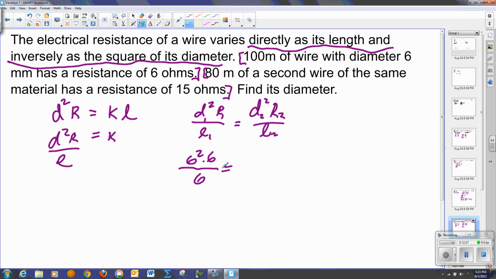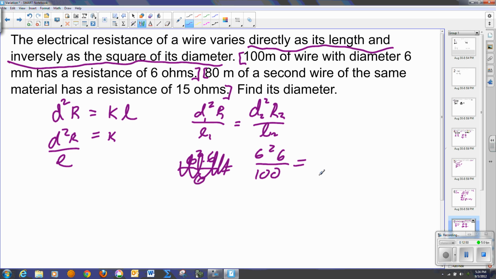And I just screwed this problem up. Let's go back. Sorry. I have 100 meters of wire. So that's my L. I have 6 as my diameter, and we're squaring that. And I have 6 as my resistance. Once again, sorry about that.